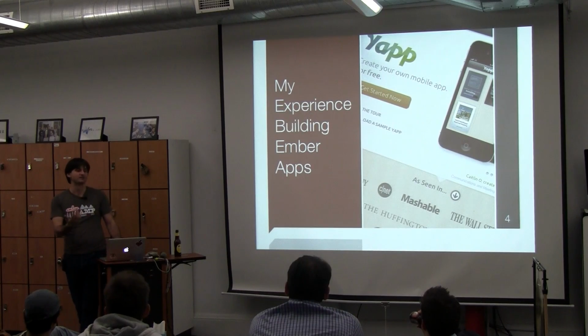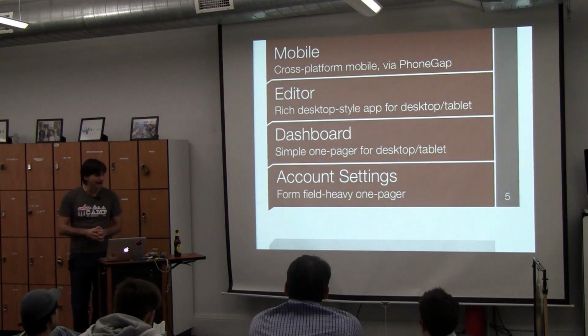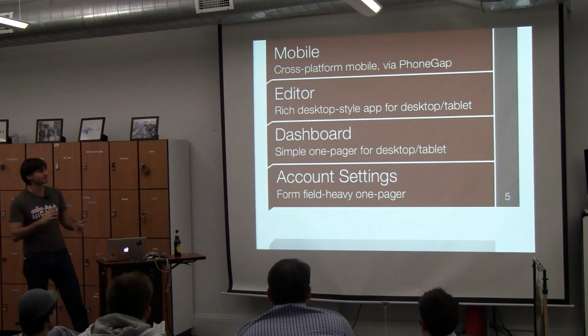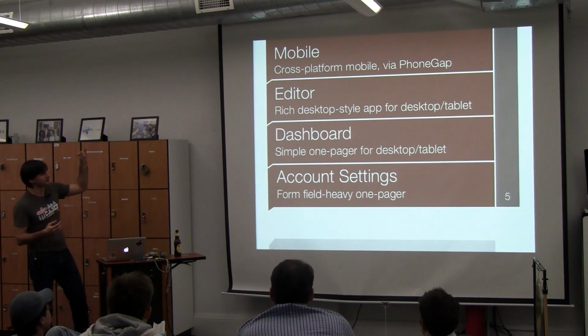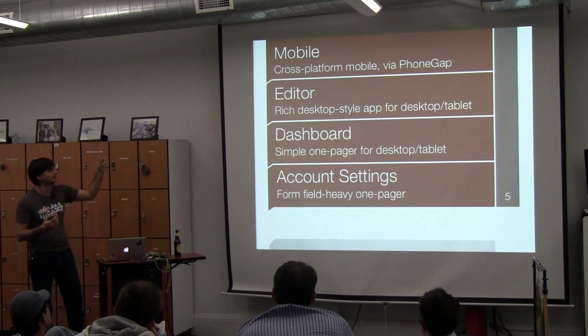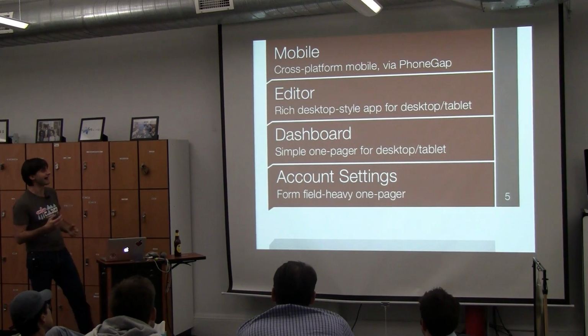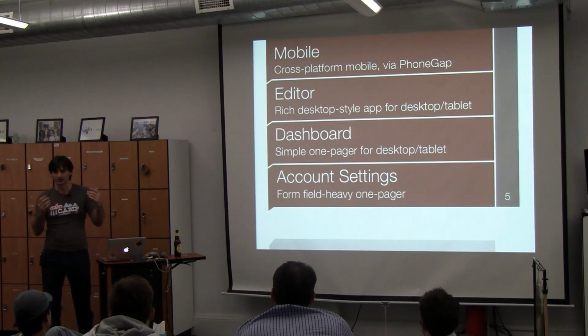But I attribute a lot to what we were able to create to the power that Ember gives you. And so just to give you a sense of the apps that I've worked on, our mobile app is a cross-platform Android and iOS experience that's built in Ember, runs via PhoneGap. Our editor is a rich desktop-style app. That was a sweet spot for the old Sprout Core experience.